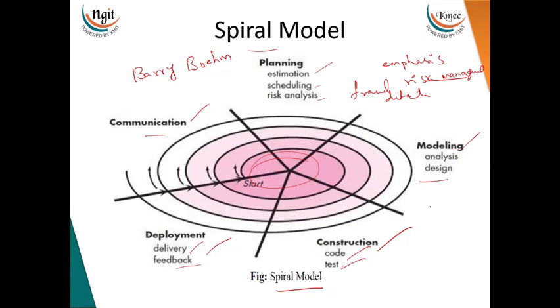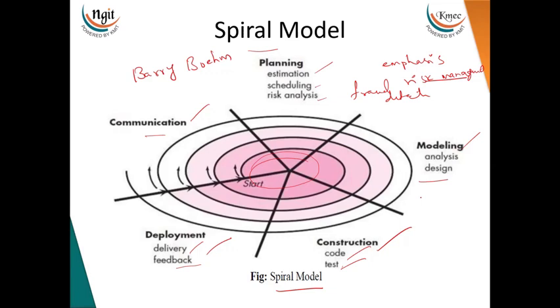These spirals also try to identify the goals, constraints, and alternatives by iteration. They perform risk analysis for each alternative, and not only that, they try to develop strategies to eliminate or at least reduce the risks, and based on the risk analysis that is performed, develop the product prototype or increment. In the same way, the next iteration, the next spiral, will go on. So that is the spiral model.